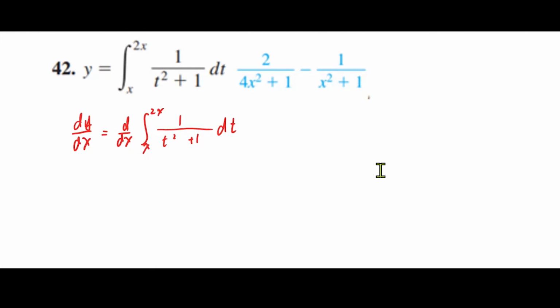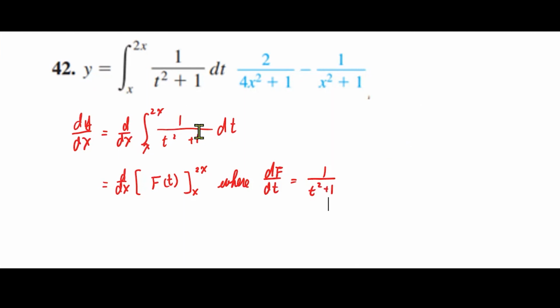So there are two schools of thought. One of them is this. Let's just call it f of t, from x to 2x, where df dt is equal to this thingy. So this tells you that capital F is the antiderivative of this.